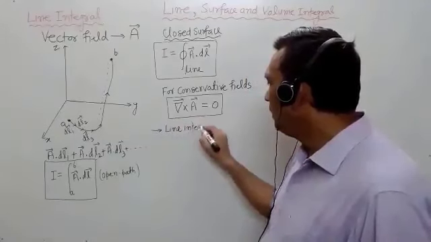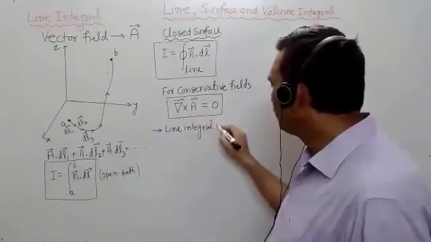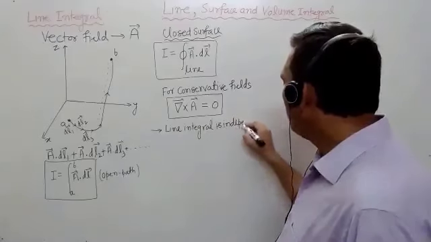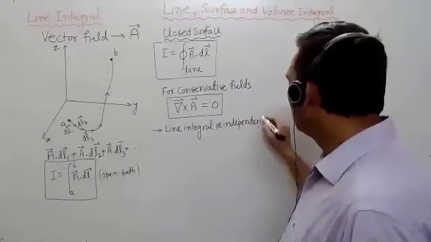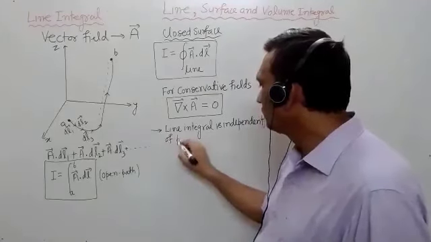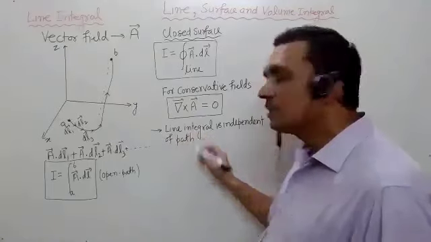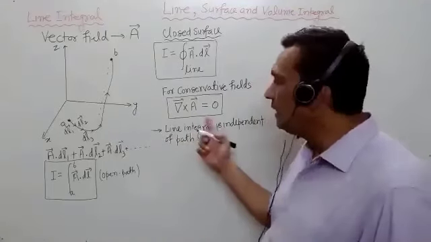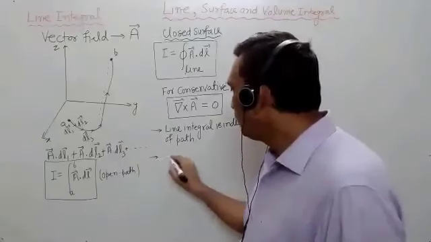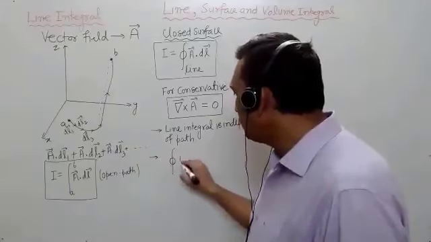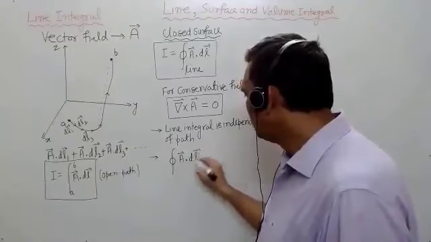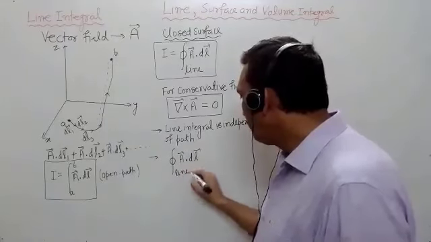And in conservative field, if you calculate line integral, you will see line integral is independent of path. When field is conservative, you will see line integral is independent of path. And then what will be closed A dot dl in a conservative field? 0. That is always 0.